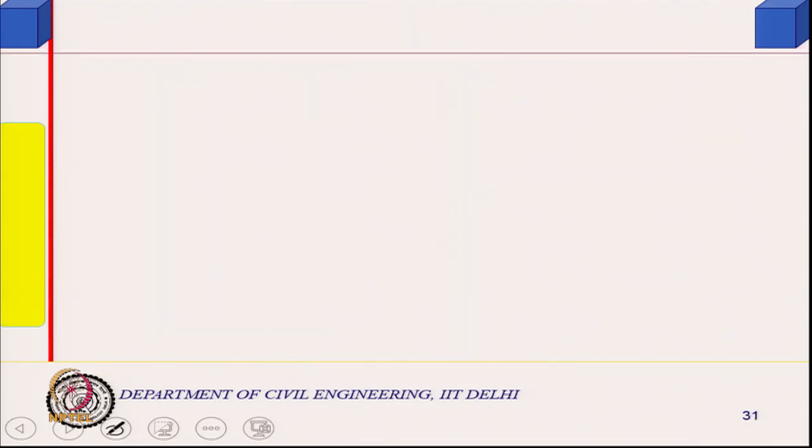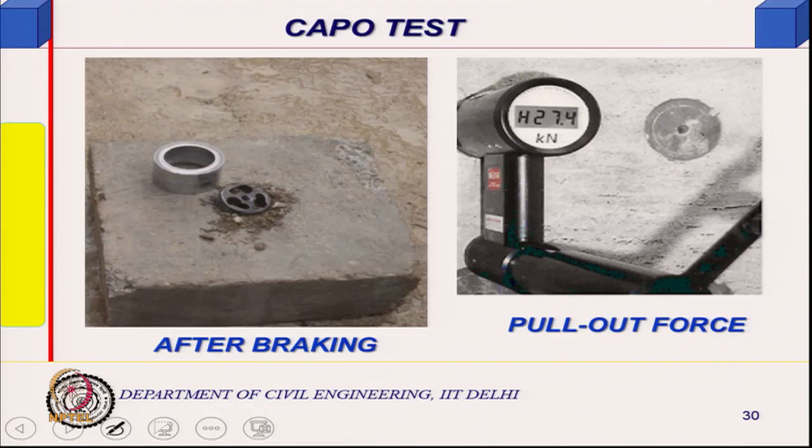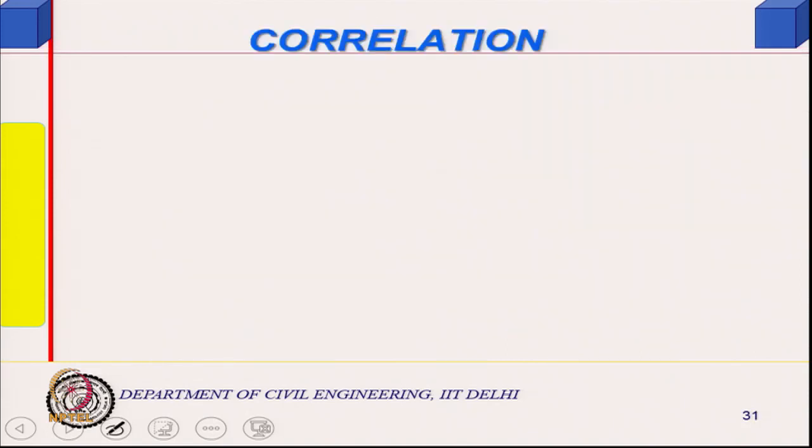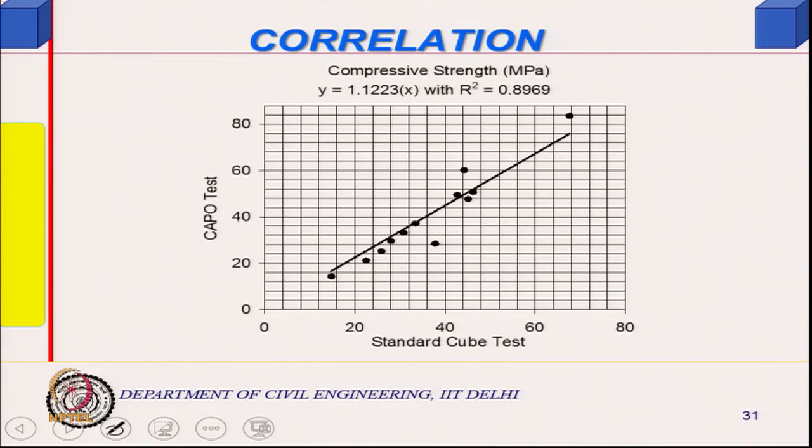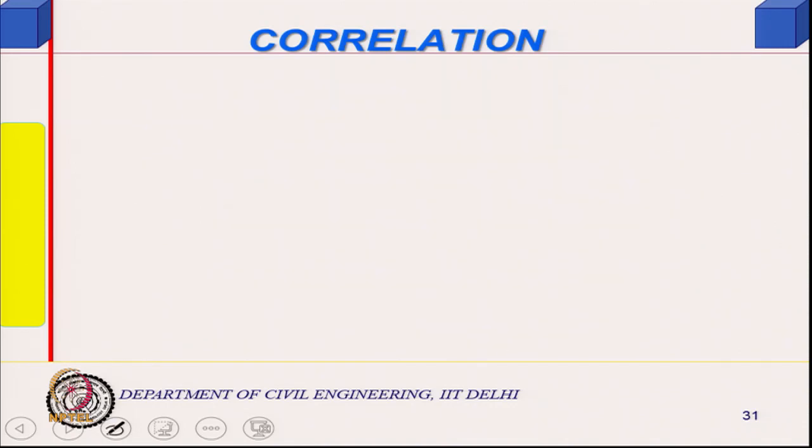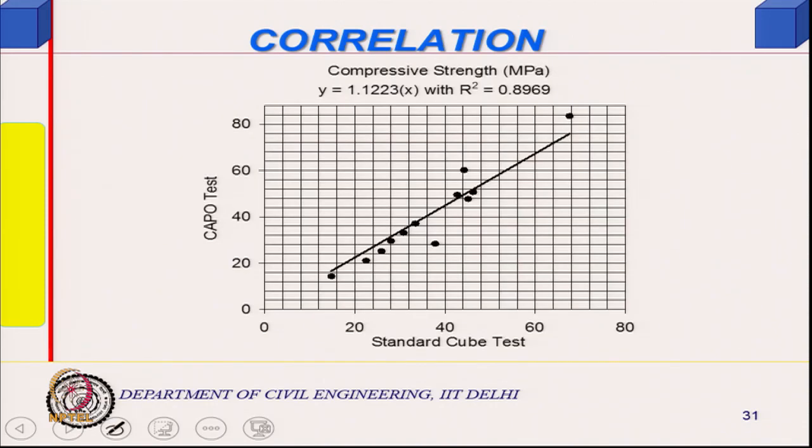This is the machine where you read how many kilonewton is the pull out force. The calibration correlation that we obtained was something of this kind, standard cube test versus capo test. By and large it is close to the 45-degree line, with plus minus 10% error.